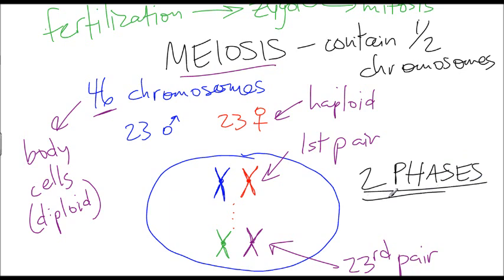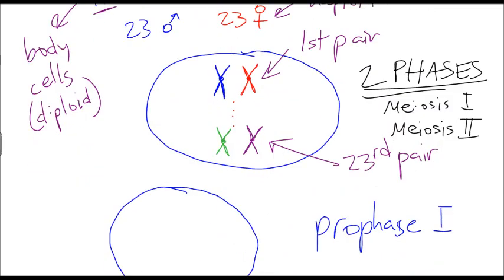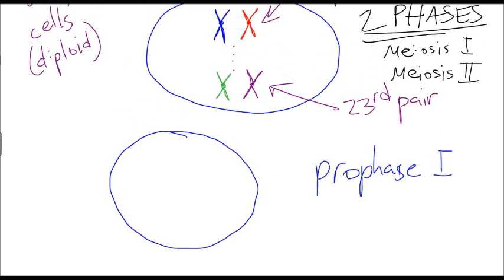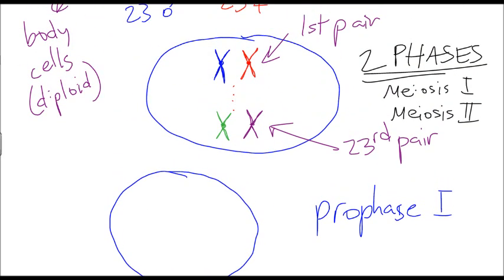And those 2 phases are meiosis 1 and meiosis 2. And you're going to understand why we have the 2 phases as I continue to draw this.